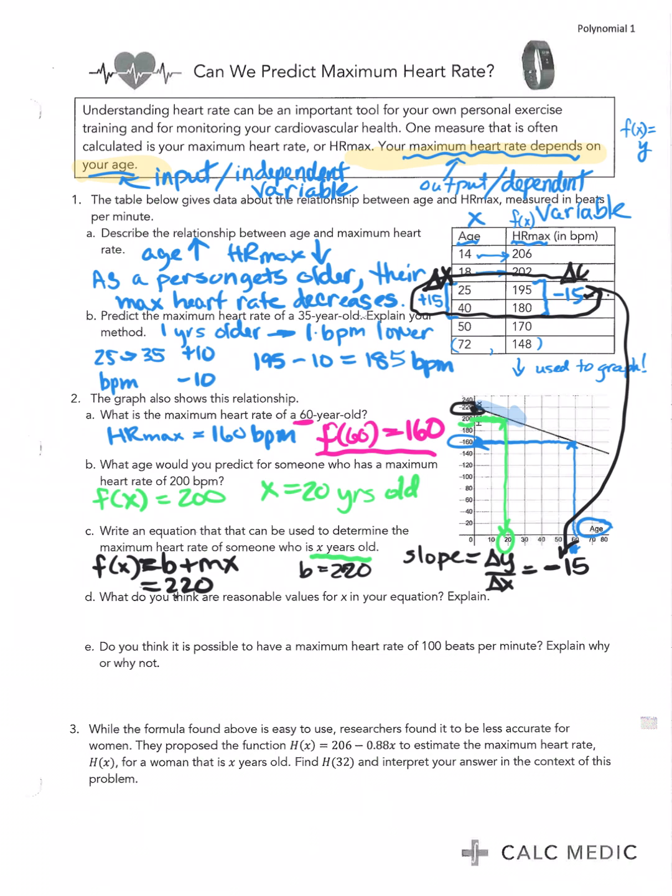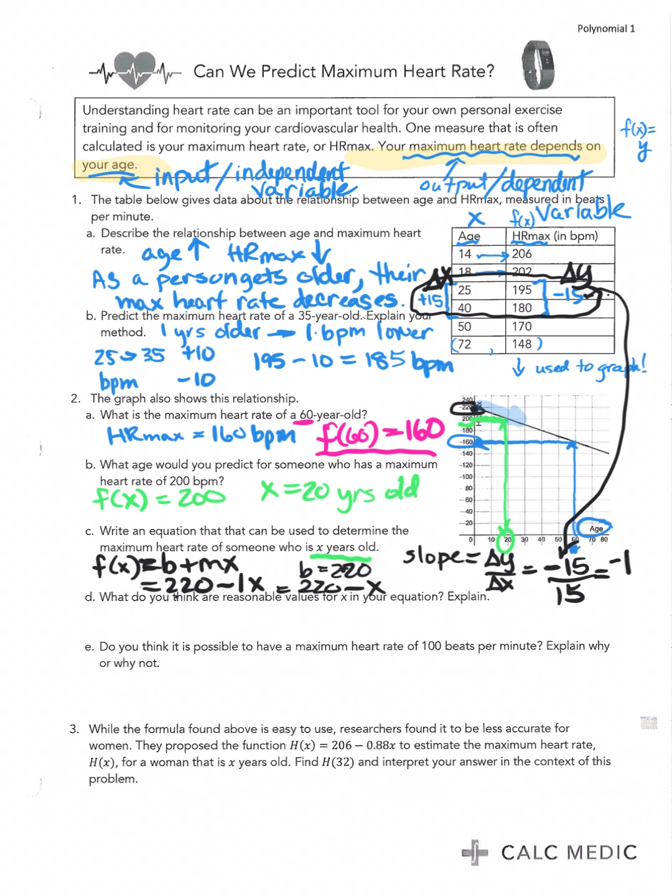My change in x was positive 15. So we found that for every 1 year of age, it went down by 1 beat per minute. So there's my slope. So minus 1x. What that means is really this is 220 minus x. Here's my function. f of x equals 220 minus x.